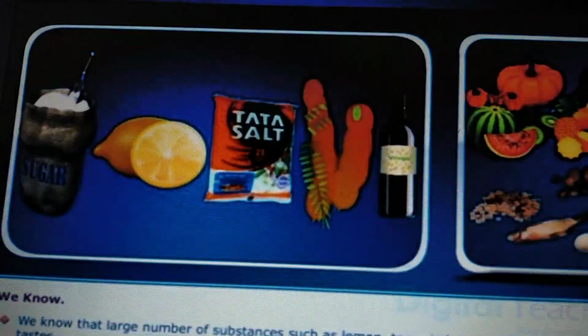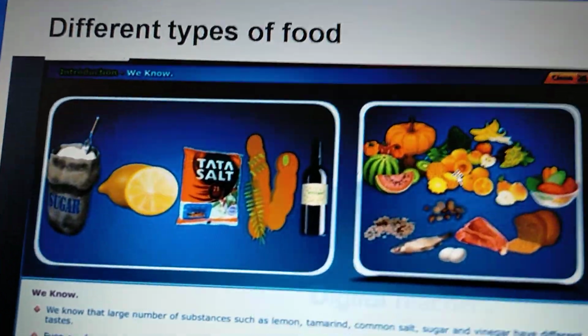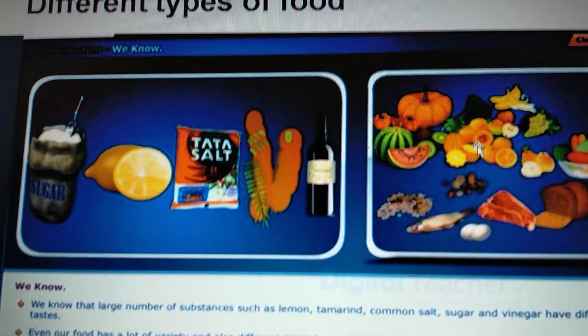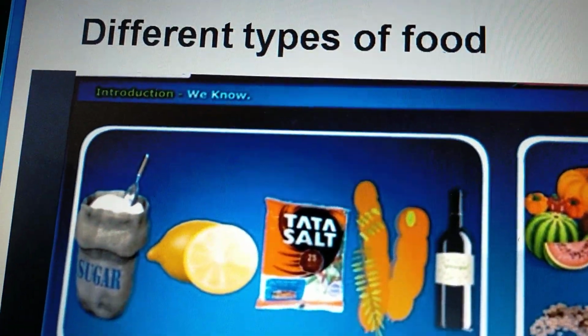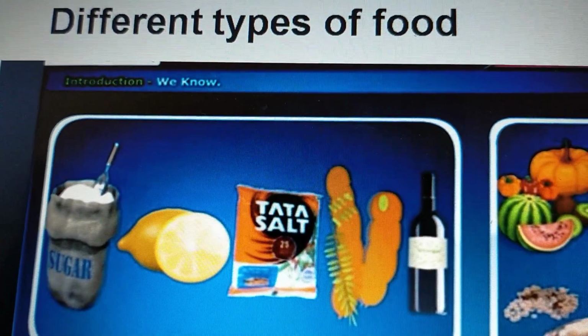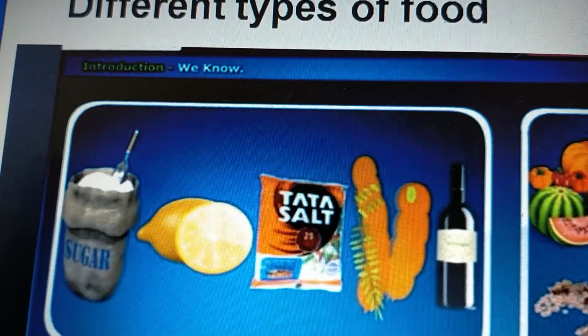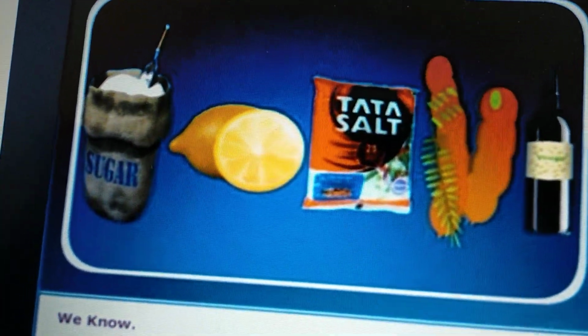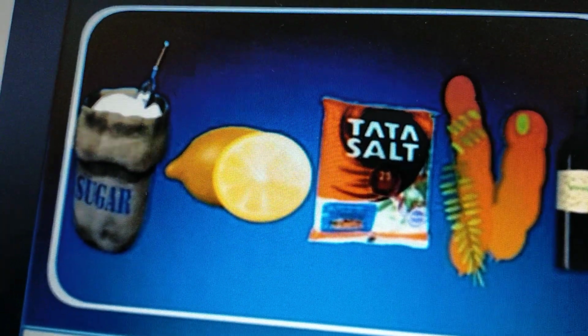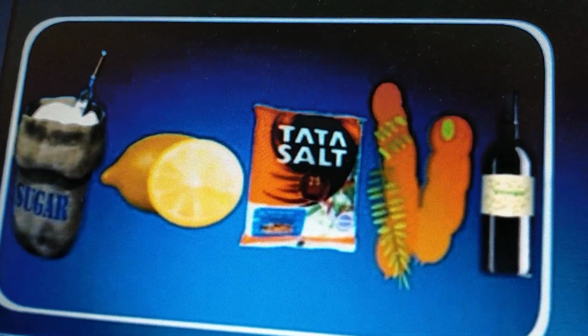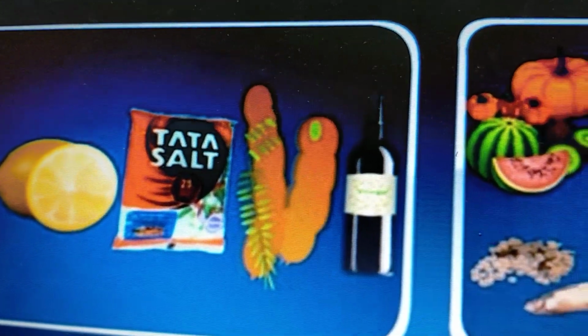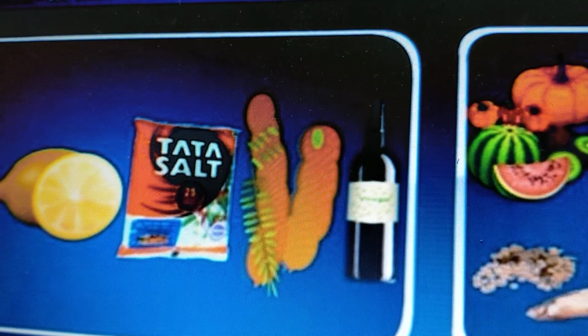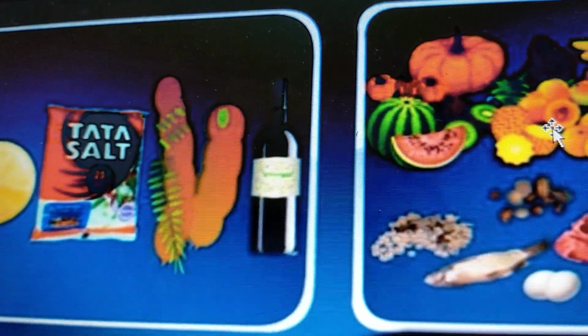Right? Now, this is the picture which I am displaying here right now on the screen about the different types of food that you are taking. Maybe you know about these food items. See the different types of food items. The first one is sugar, then lemon, then tartar salt, then tamarind, which in Hindi is called imli, then vinegar.